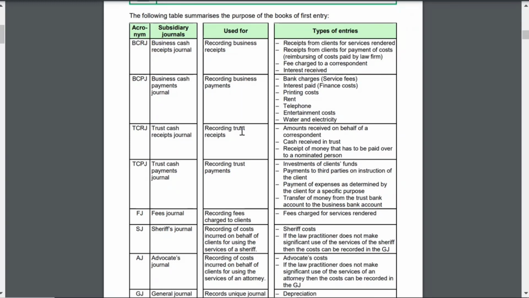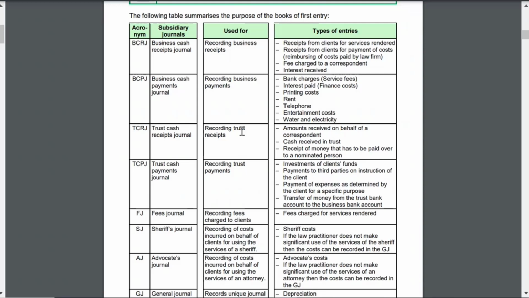Money will come out of the trust cash receipts journal and it will go to the business cash receipts journal because now I have performed the work. So the journal is called the transfer journal, whereby I've performed the work as the attorney.